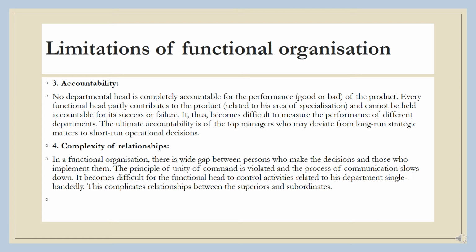So you can see that there is so much complication in relationships between superiors, subordinates, and top management. We do not know who's responsible for whom, and hence it becomes difficult. And anyways, functional organizations are large organizations. Hence the control and coordination and everything becomes a challenge here.